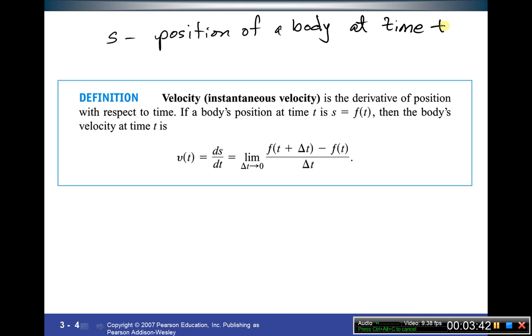And we're now formally defining the velocity v of t as the derivative of s with respect to t.